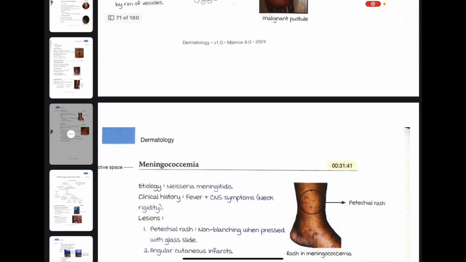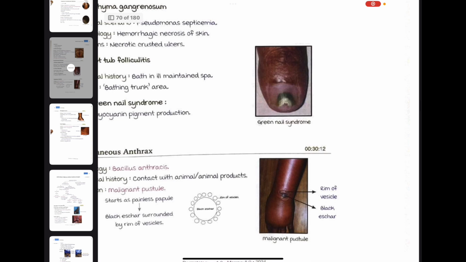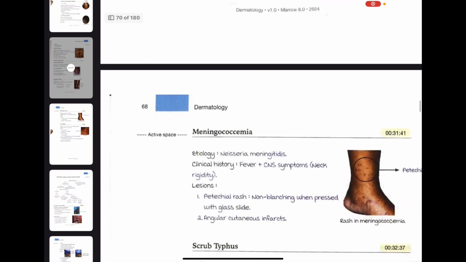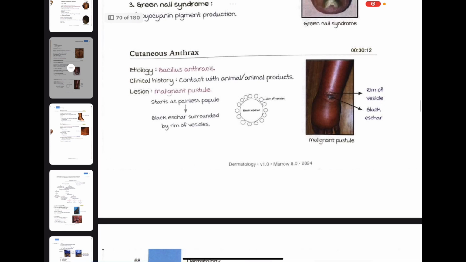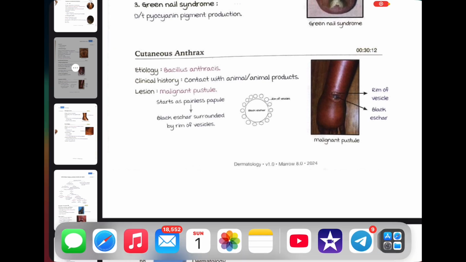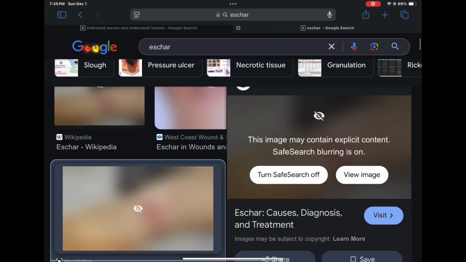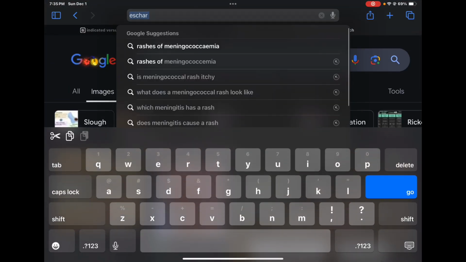And for anthrax, the treatment is, they didn't write the treatment, but let's see.